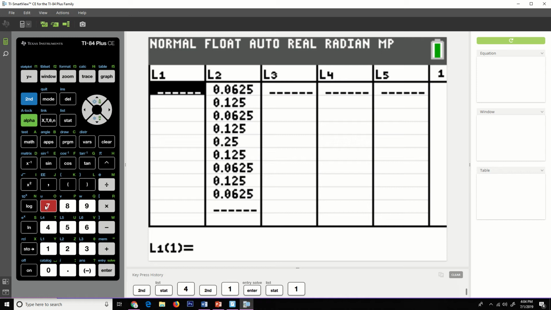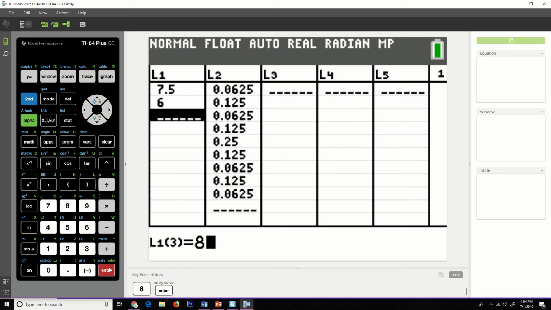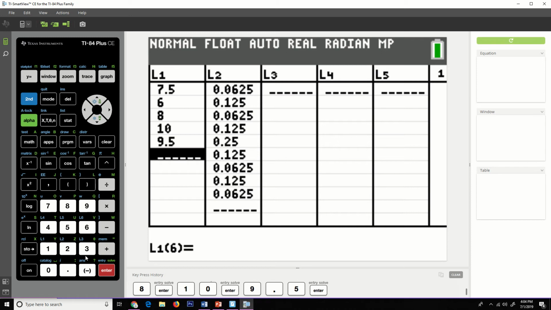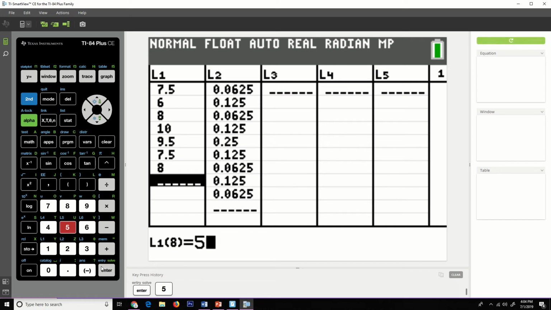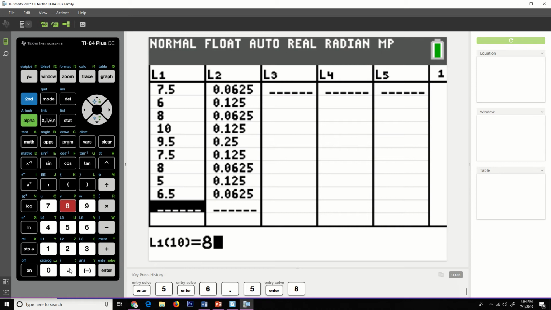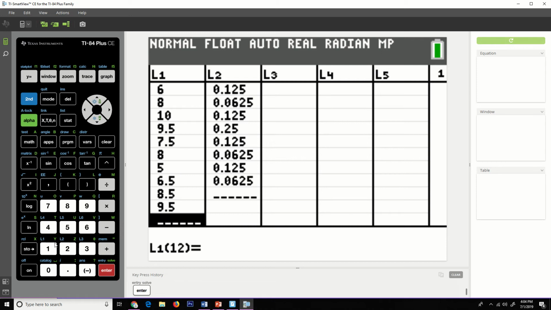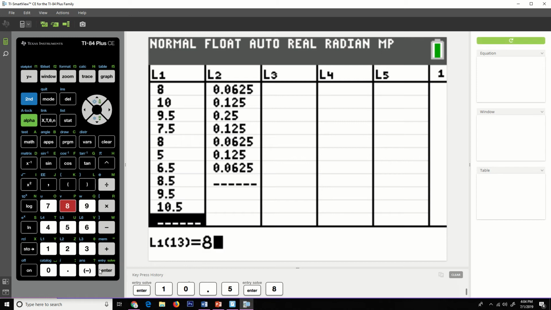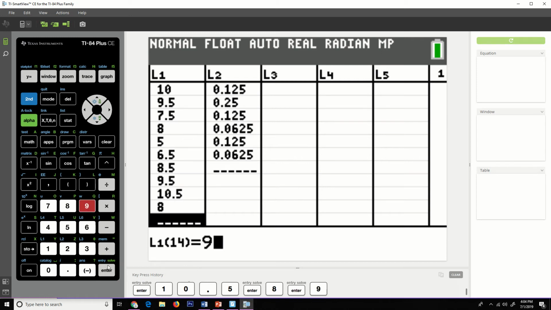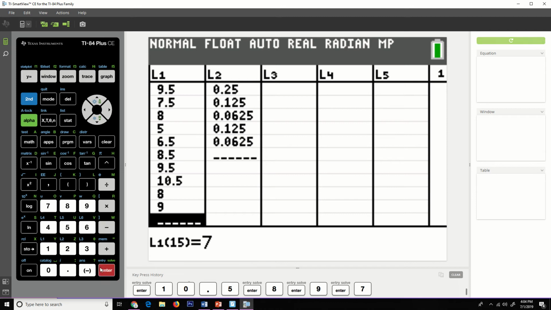And so I have 5, 7.5, 6, 8, 10, 9.5, 7.5, 8, 5, 6.5, 8.5, 9.5, 10.5, 8, 9, 7, and I think I missed a number.